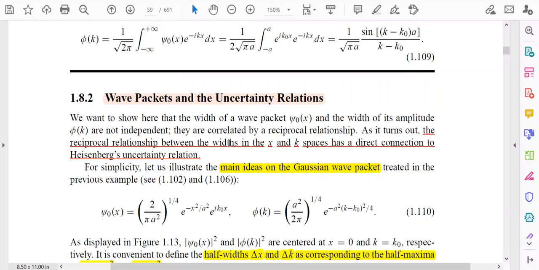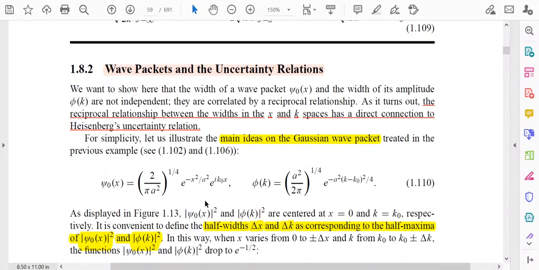So we are considering the wave packet to be Gaussian in nature. In the graph that we described earlier, we used the Gaussian wave packet, and the equation of the Gaussian wave packet was psi 0 x equal to (2 by pi a square) to the power 1 by 4, e to the power minus x square by a square, e to the power i k 0 x, and this is the equation for phi k in Gaussian form.